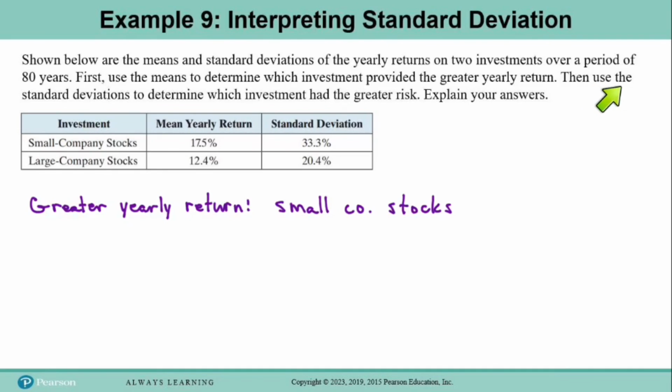But the second part of the question says use the standard deviations to determine which investment had the greater risk. Okay, so this is where we have to remember that these numbers are averages, they are means. So not everybody who invested in a small company stock got back a profit of 17.5%. Some of these investors in the small company stocks undoubtedly got back a lot more than 17.5%, but some of these investors undoubtedly got back much less, and some of them probably even lost money.